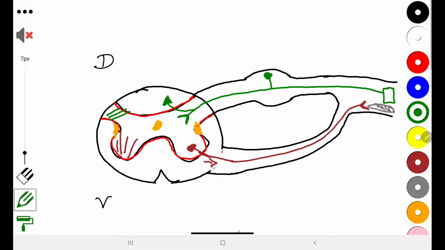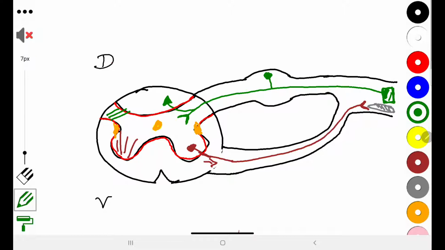So the dorsal horns receive sensation. Now, these are the starting points of what we're talking about. What you have here is a receptor organ on the soma end of things, and this is connected to a sensory neuron.